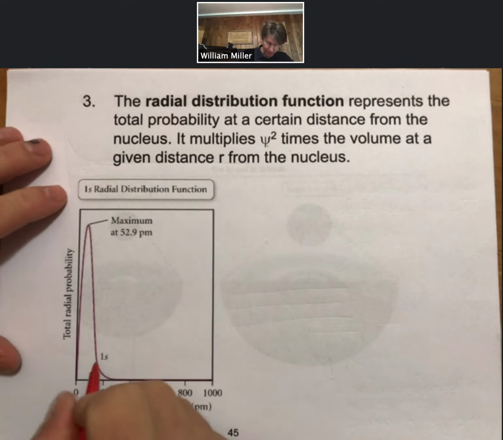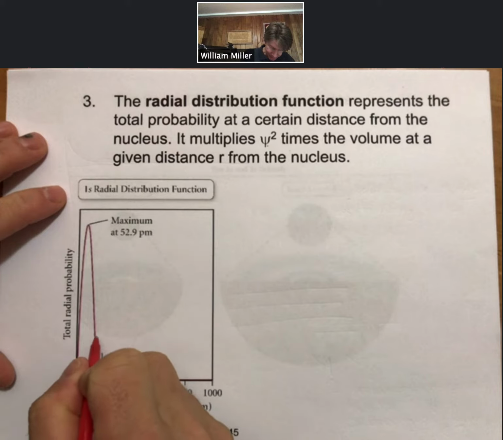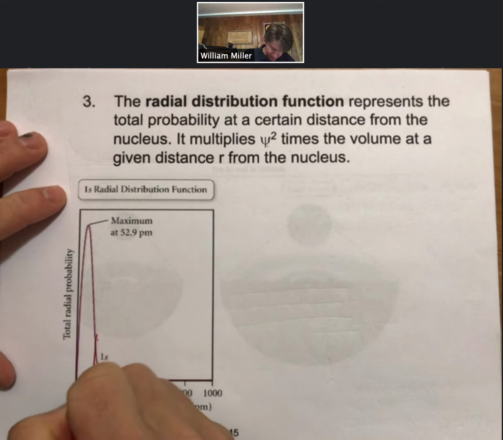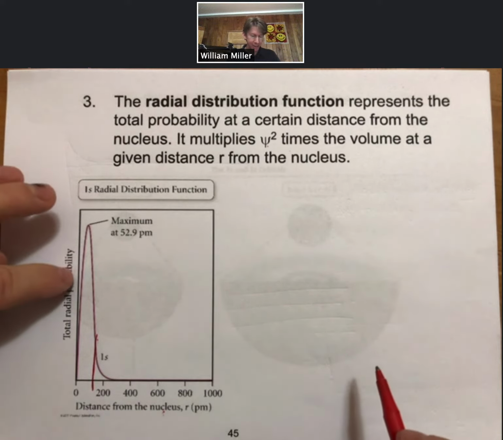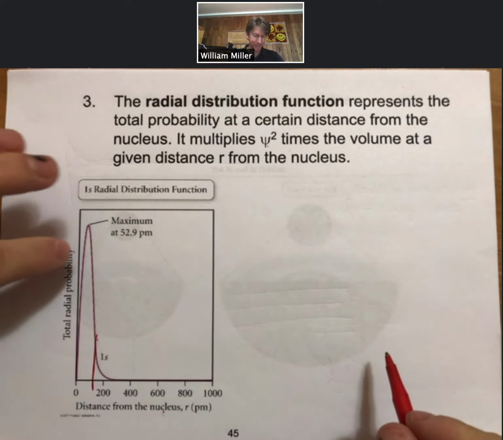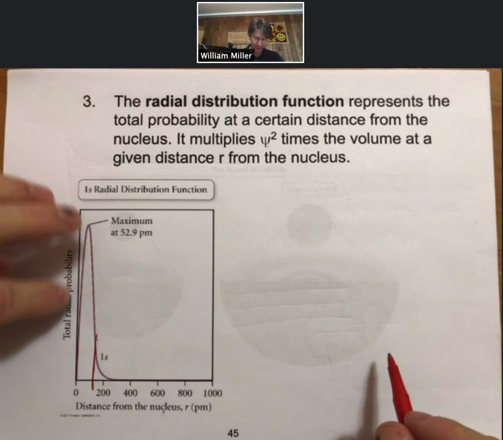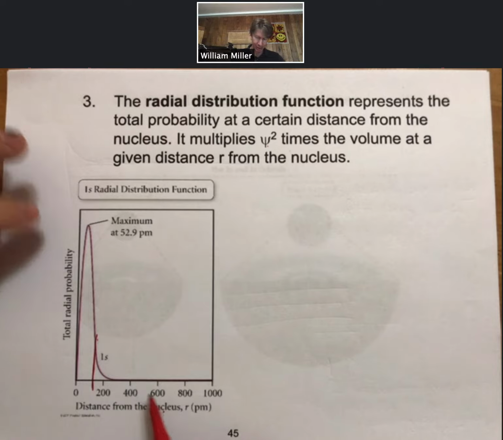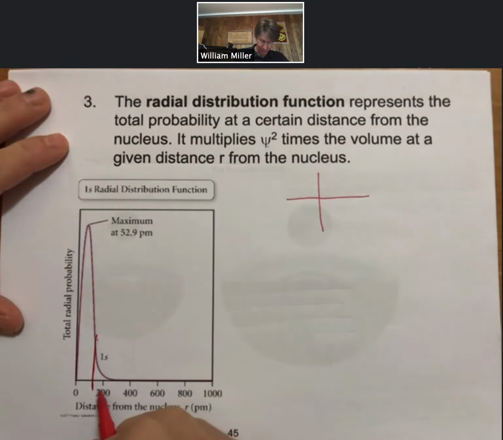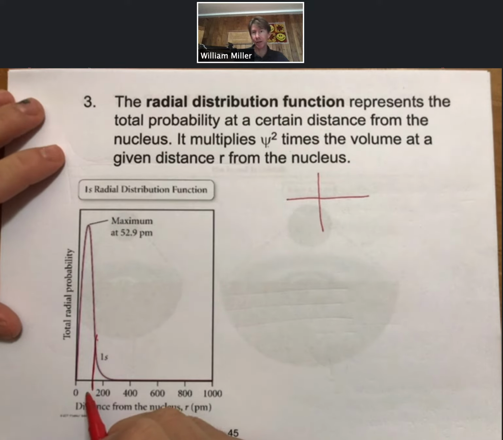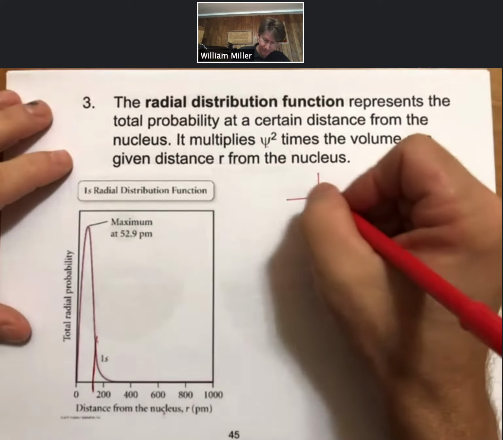And we would draw it probably, I would say, right about there. And so this is actually where the orbital comes from. So the total radial probability is going to be a sphere of approximately 130 picometers.